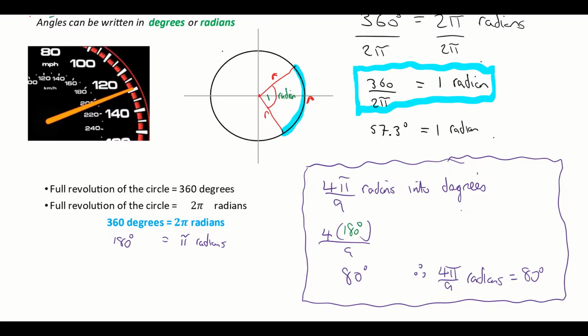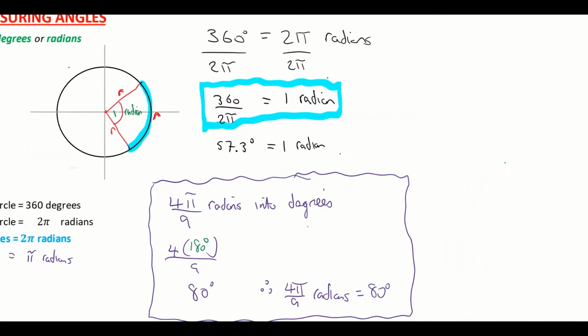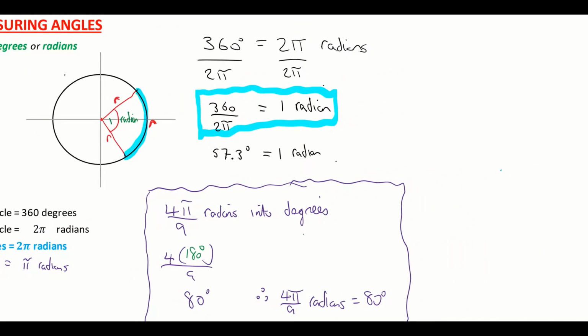So what if the question asked us to convert, say 36 degrees into radians? So let's have a look at what we would do for that one. So suppose a question came up asking you to change or convert 36 degrees into radians.